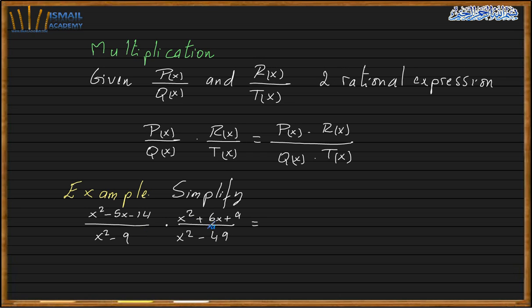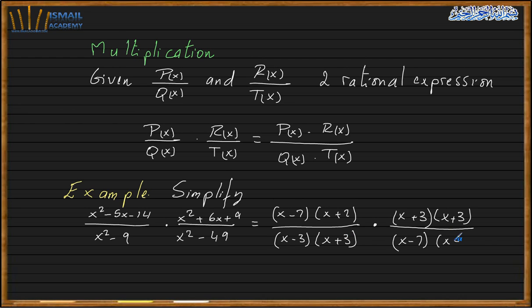When you factor, then what you do next is simplify the common factors. So here, the difference of squares is going to be x minus 3 times x plus 3, times 3. This is the perfect square. Here we have x minus 7 times x plus 7.